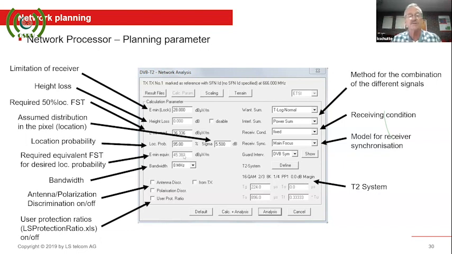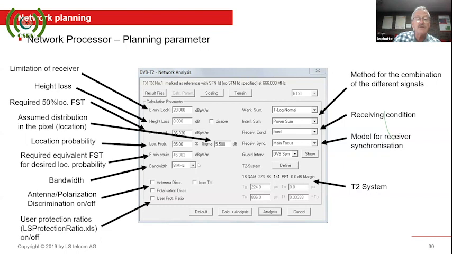So that's also a statistical adjustment of the level. You will also find this location probability in your DVB-T recommendation. If you were planning for T-DAB, as far as I remember, it drops to 90%, and then you use 90%. That should be accurate enough for DAB coverage.